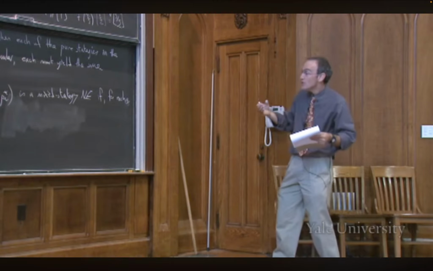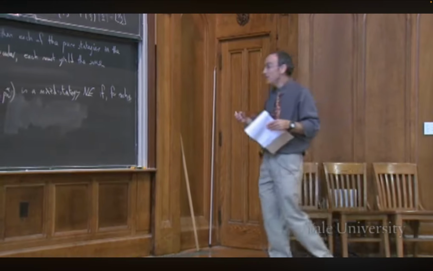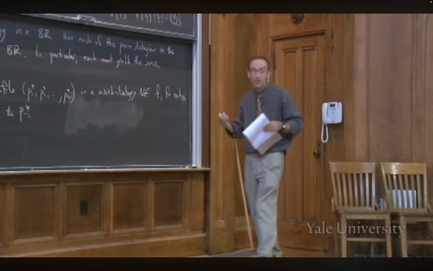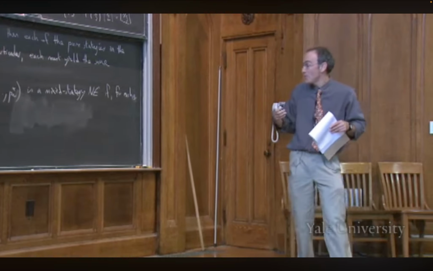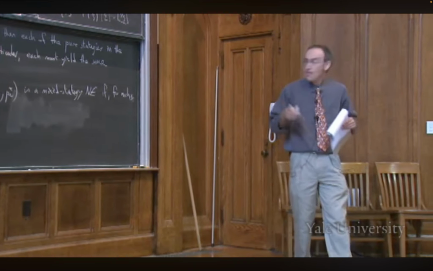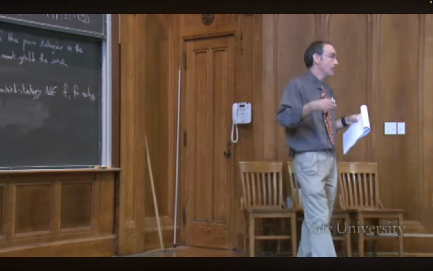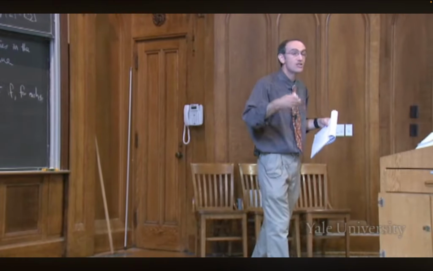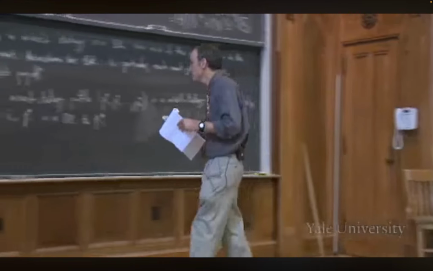But an implication of our lesson is what? It's that if Pi star is part of a Nash equilibrium, so if Pi star is a best response to whatever else is doing, P minus i star, then each of the pure strategies involved in Pi star must itself be a best response.